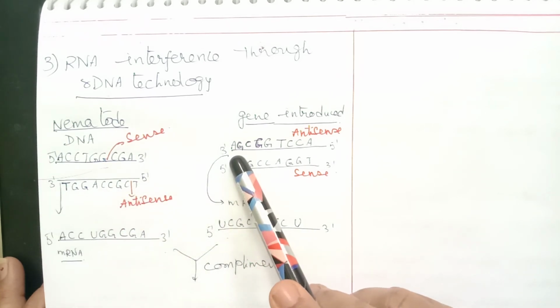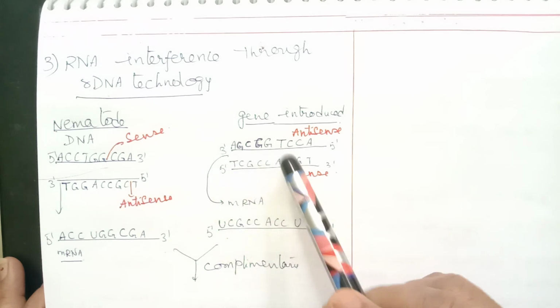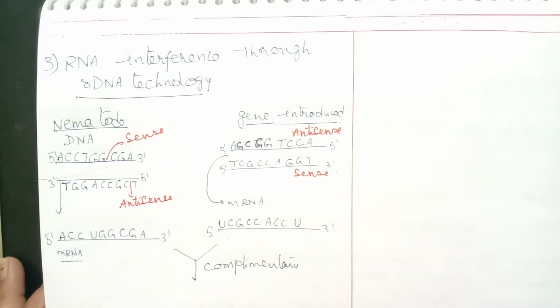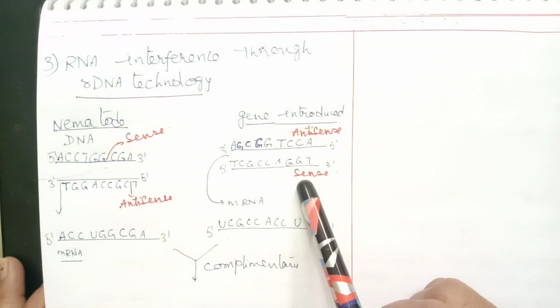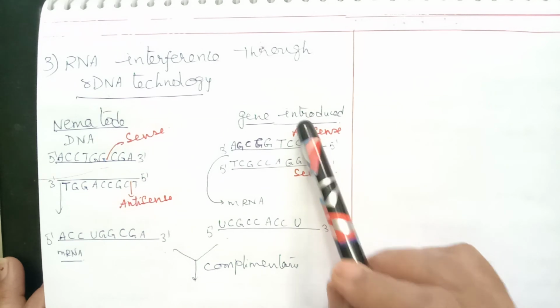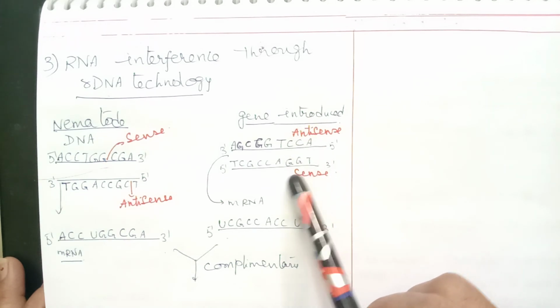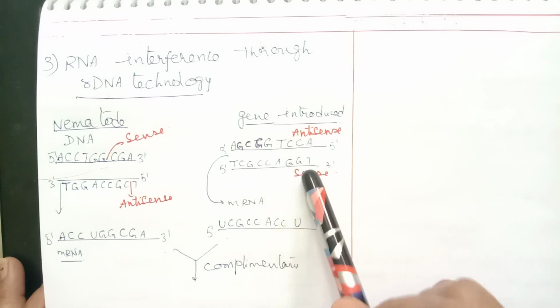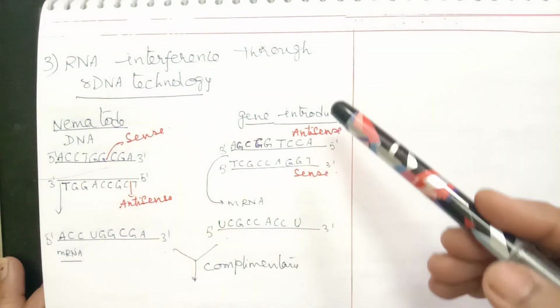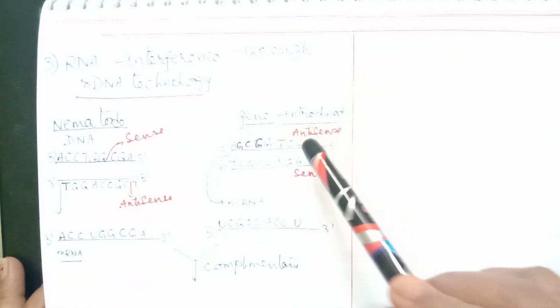If we read from 3' to 5', we get AGC, GG, T, CC, A. Now if we write the complementary strand for this antisense, we get the sense strand also. The sequence will be TCG, CCA, GGT. So this is the gene introduced.